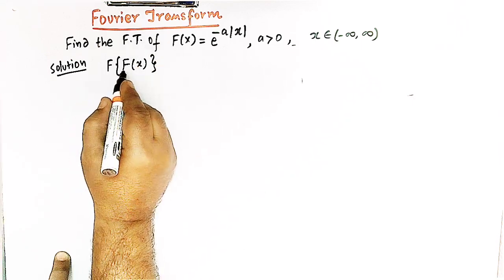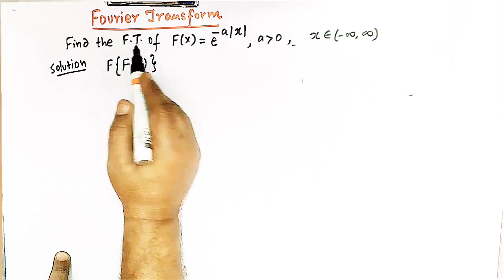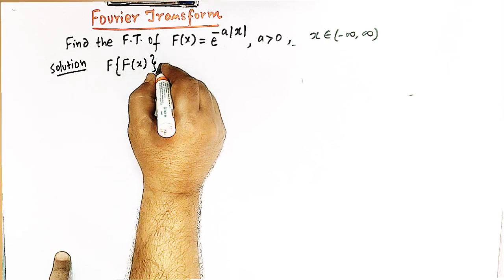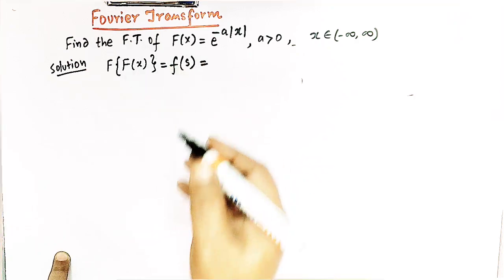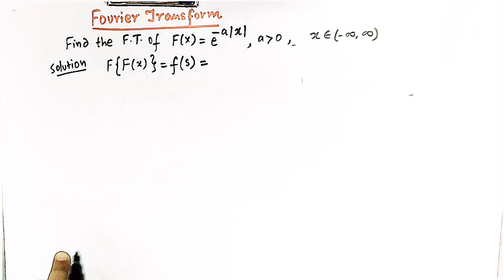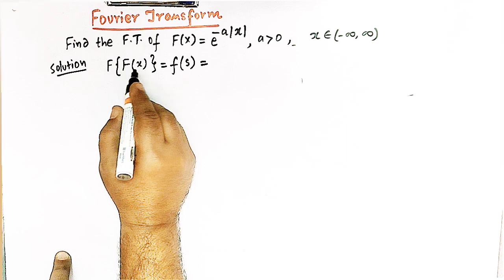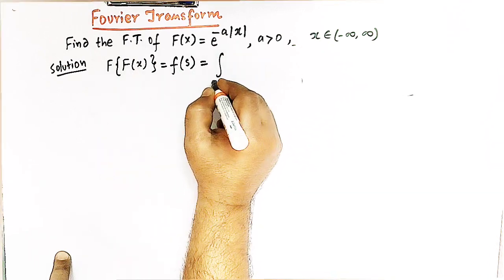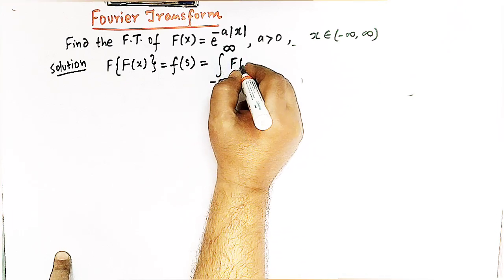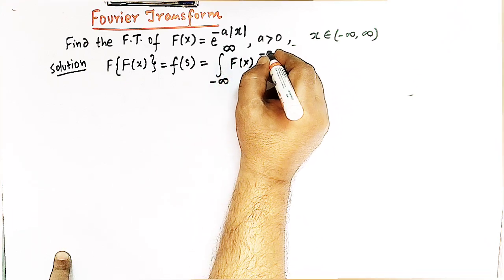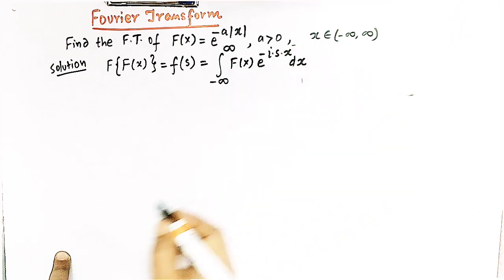This notation is used to denote the Fourier transform of some function f of x, and sometimes here we write a small f of s, where s is a parameter which may be a real quantity or a complex number, right? So the Fourier transform of some function f of x is given by this integral from minus infinity to infinity, f of x and e raised to minus i times s times x, and here we have dx, right?